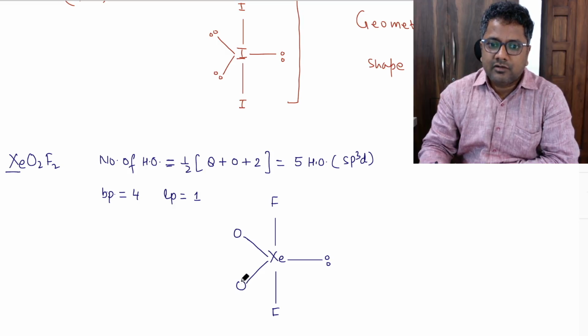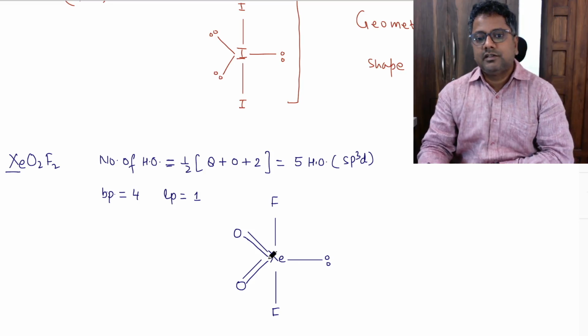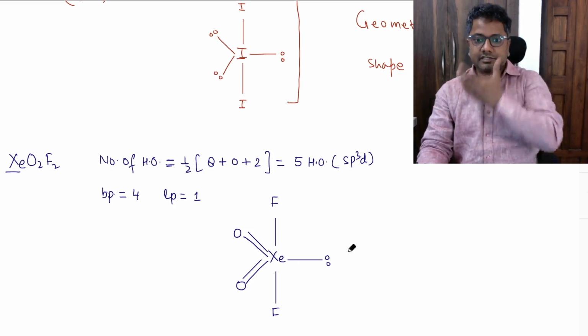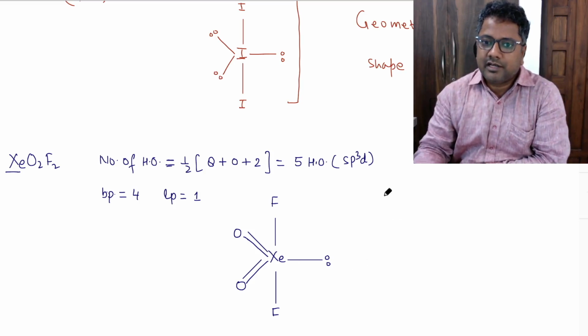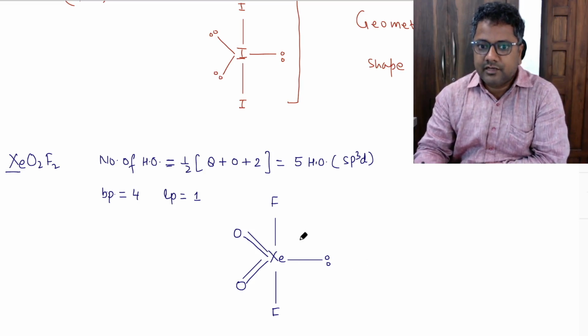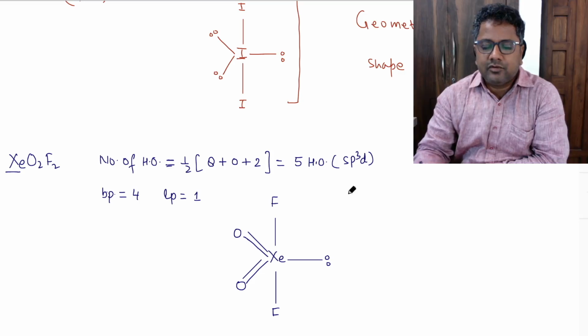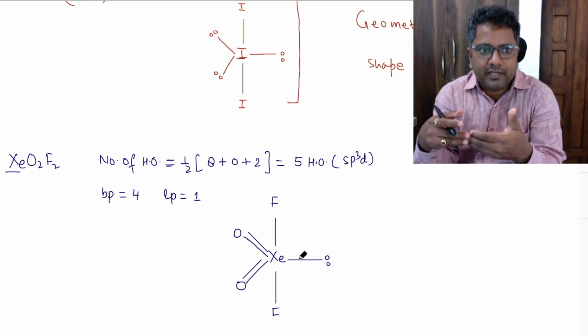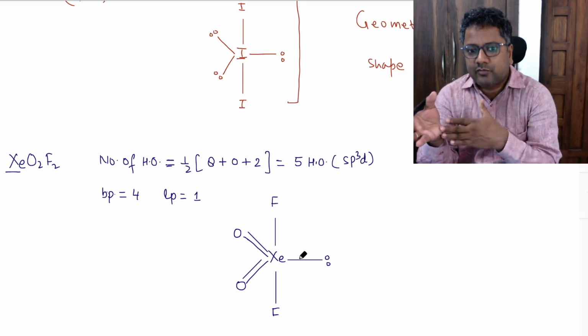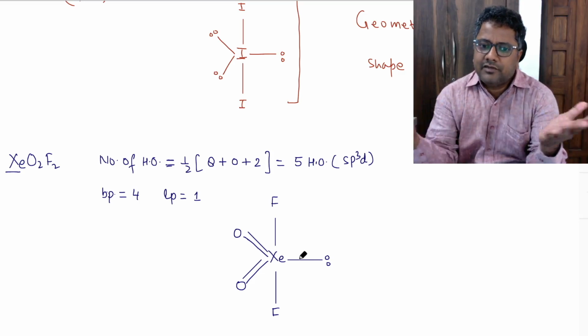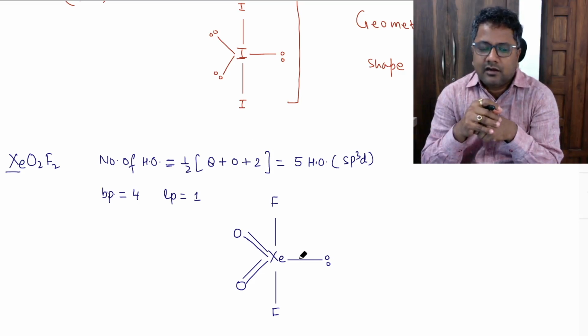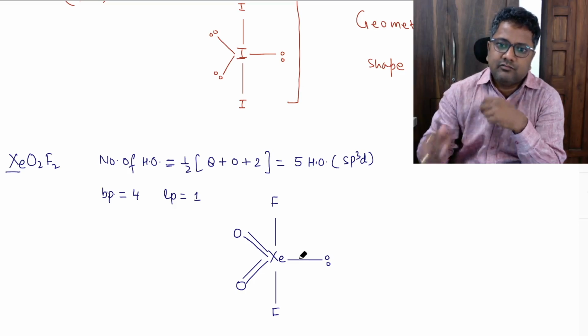And all of you know that if oxygen is there, this will form a multiple bond, a pi bond, like this, right? So this is the structure. Again, if you do not know where to put the lone pair, where to put oxygen, where to put fluorine, you can make a different structure for this. And all structures are not the correct structure for this molecule.